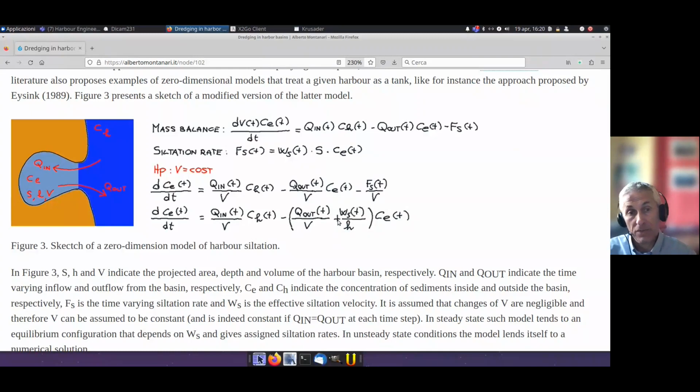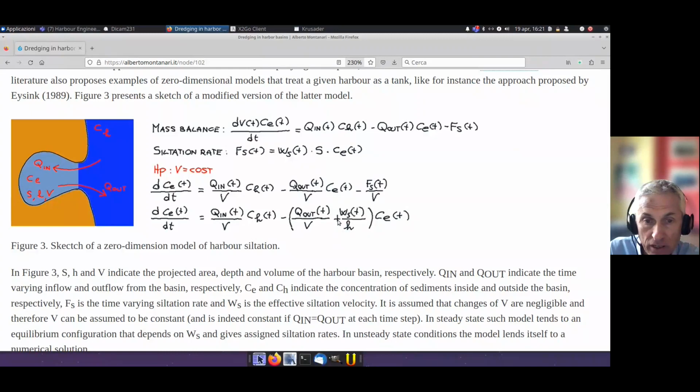Okay, and therefore the siltation rate Fs(t) can be written in the form of the product of the siltation velocity Ws times the surface of the basin times the inside concentration of sediments.